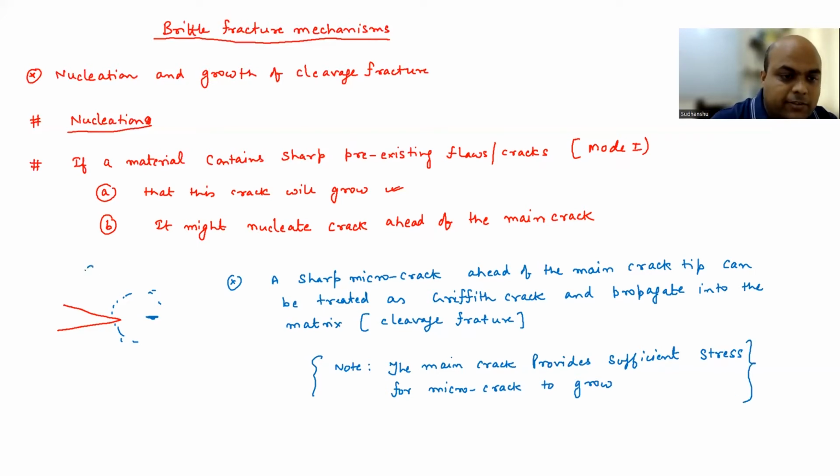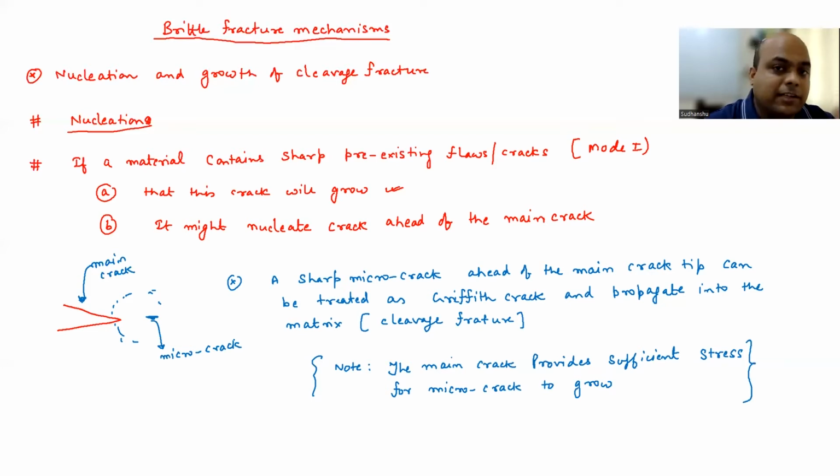So in this case, you have this as main crack or pre-existing crack, and then you are developing some microcrack ahead of the main crack. Now, because of the presence of the main crack, you are having stress concentration, and that is sufficient for this microcrack to grow. Okay, that means there should be some discontinuity in front of the main crack so that you can develop a microcrack, right?